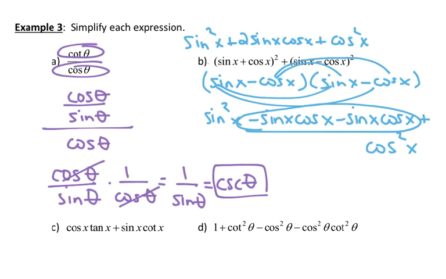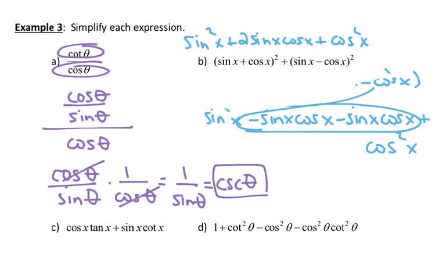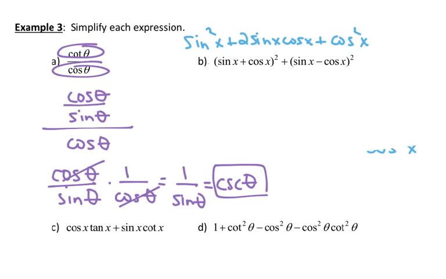These two terms in the middle are like terms, and when I combine them, I get negative 2 sine x cosine x. All right, so now I'm going to erase that. And remember, we're adding this to sine squared x minus 2 sine x cosine x plus cosine squared x.